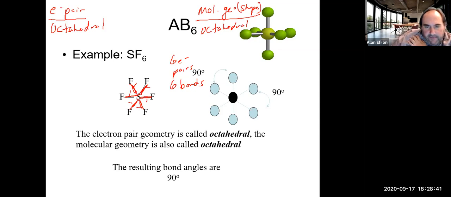I'll just go with this one, kind of right angles happening there. 90 degrees happening in this guy. And again, no dots on the central atom, no non-bonding electrons. Both of these names are going to basically be the same. So a couple of new geometries that go with our expanded octet.